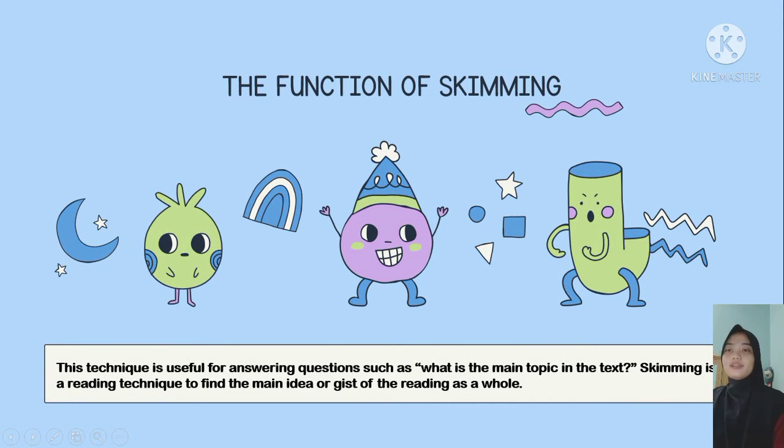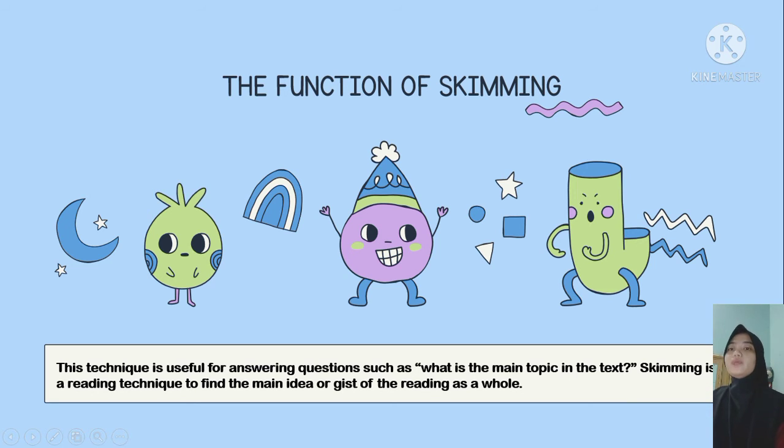Next, the function of skimming. This technique is useful for answering questions such as what is the main topic in the text. Skimming is a reading technique to find the main idea or gist of the reading as a whole. Number 1, recognizing the topic of the reading.